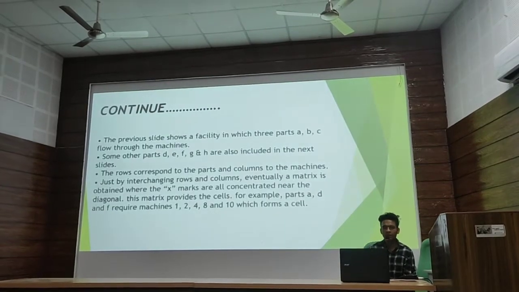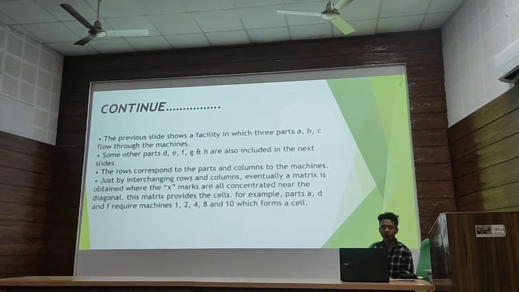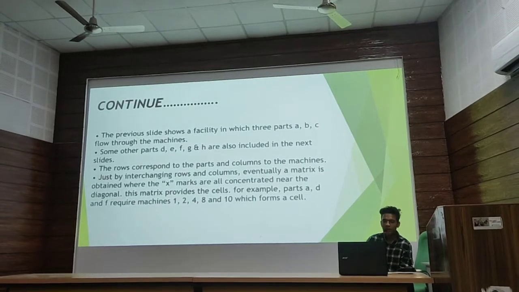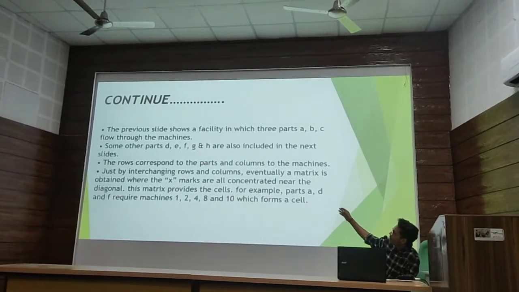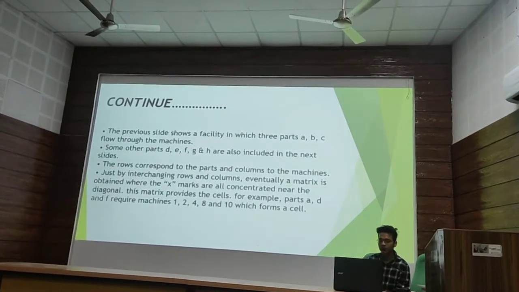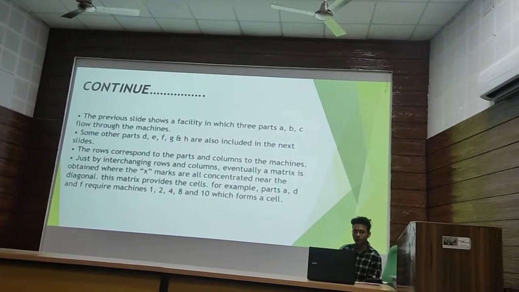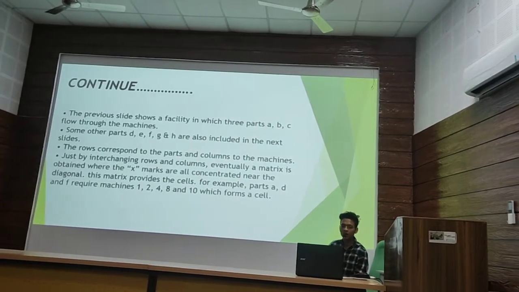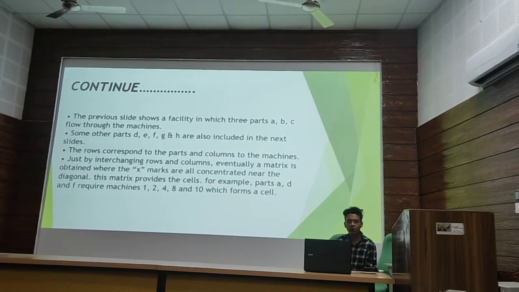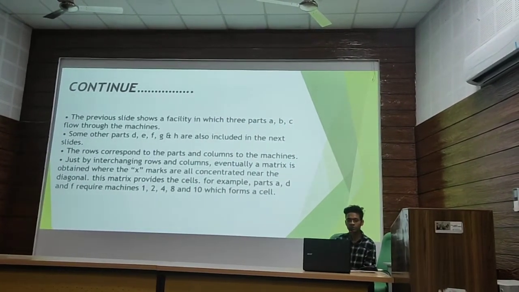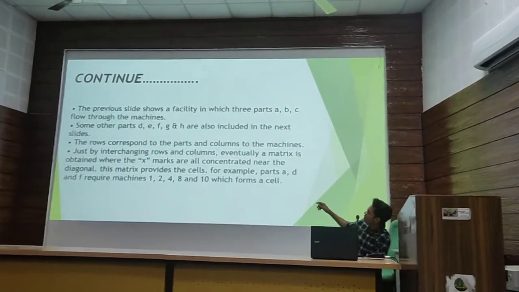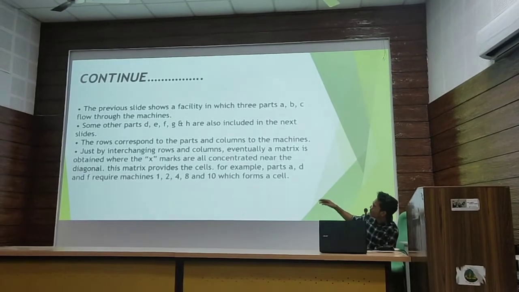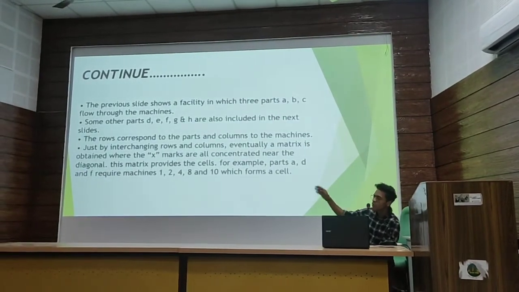As we know, in many products there are more than 3 parts. So I have given some different parts also, D, E, F, G, and H, which are included in the next slide, where the rows correspond to the parts and the columns correspond to the machines, and an X mark denotes that the particular part goes through that machine.